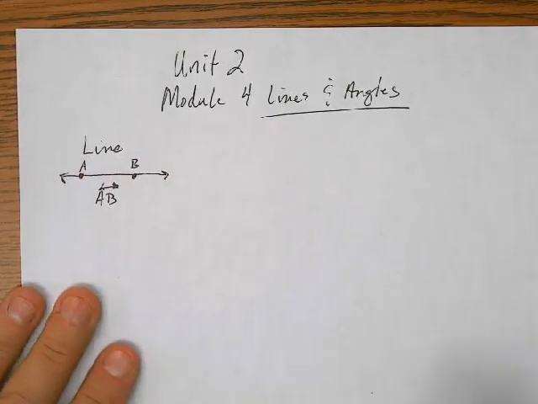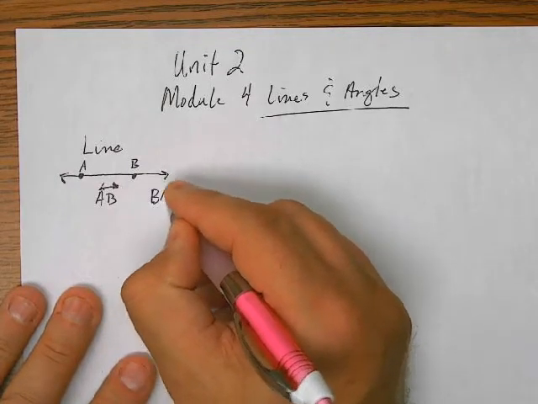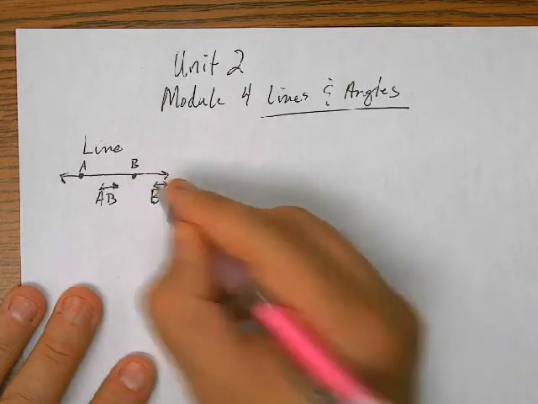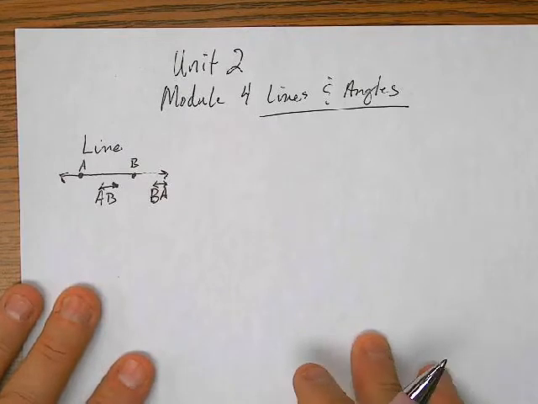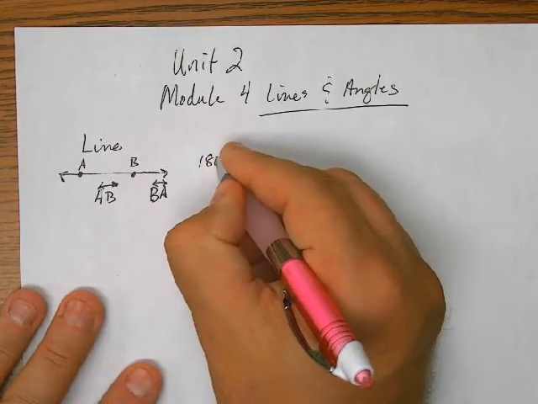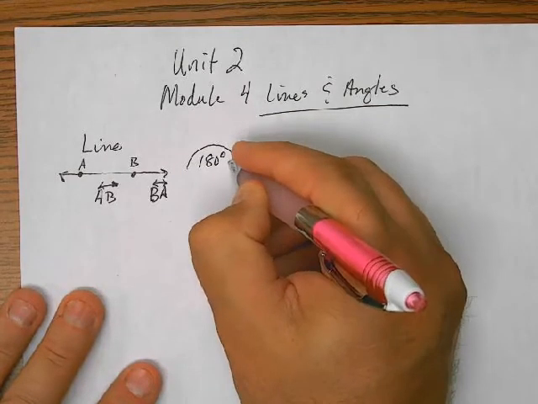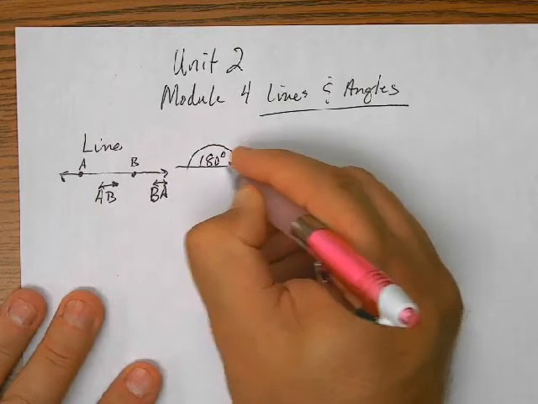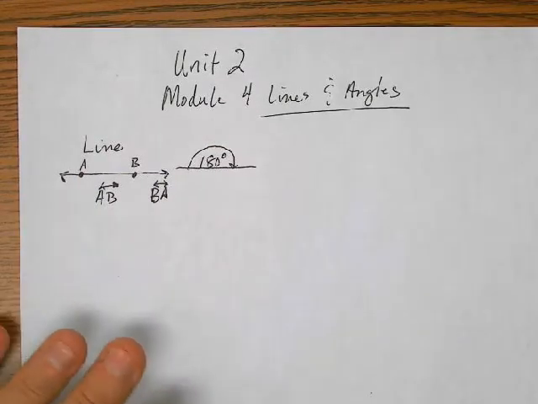That would be line AB, and that could also be line BA. It does not matter in which order we name the line. Another thing that we've learned about a line is that it has 180 degrees. If we were measuring it with an arc or a protractor, a line has 180 degrees.